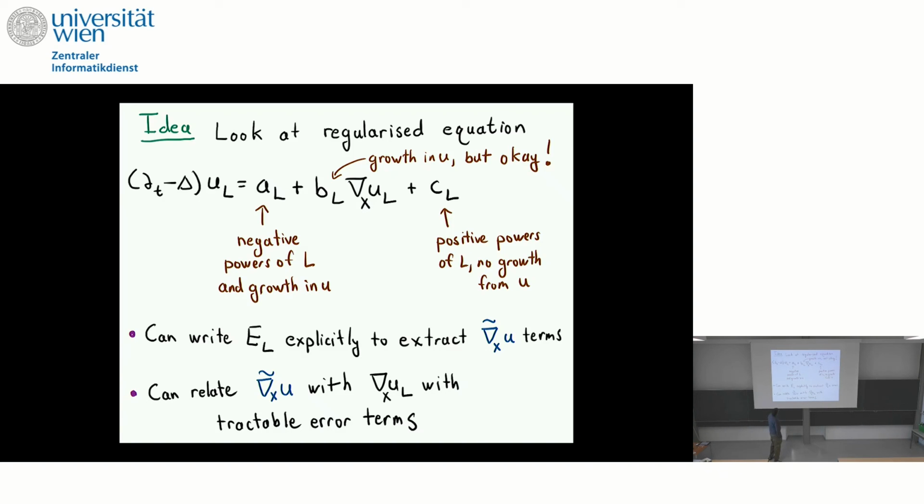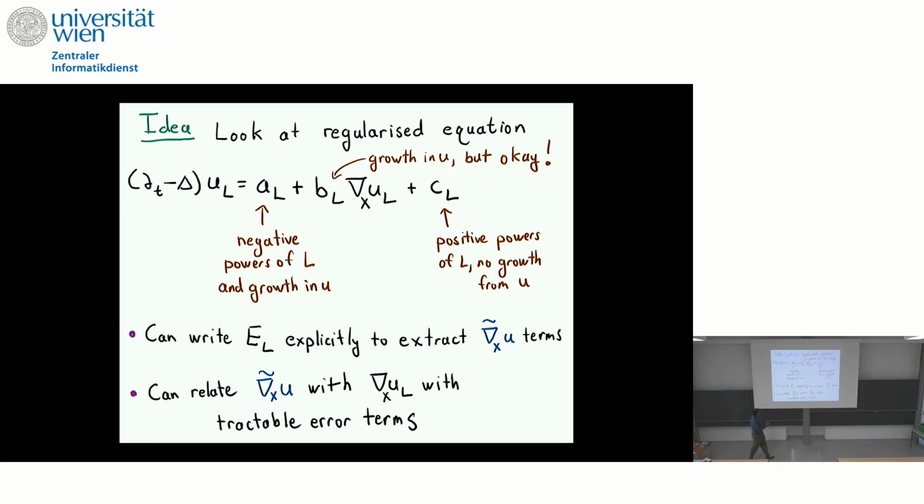There's going to be a kind of balancing of the averaging scale here. I have one term that has negative powers of L, but allows for growth in U. And another one that has positive powers of L and no growth from U. And then there's the term that has the superlinear behavior in the gradients.